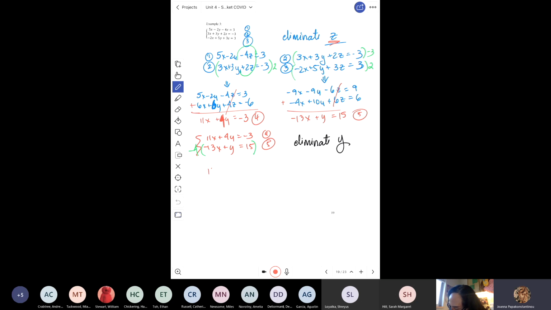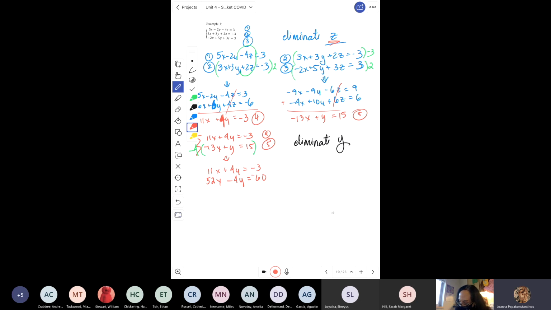I have 11x plus 4y equals -3. And then I multiplied by 4. So what's my second equation? 52x minus 4y equals -60.